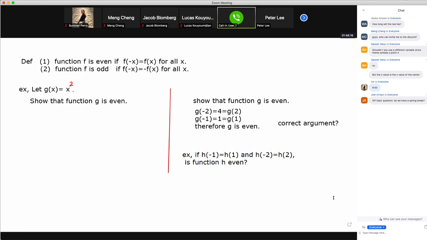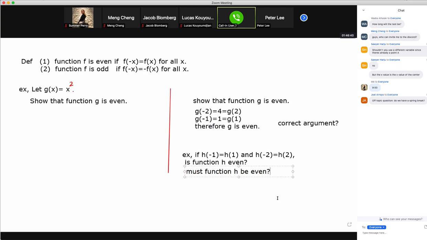What do you think? No. The question is, must function h be even? That's what I'm saying.